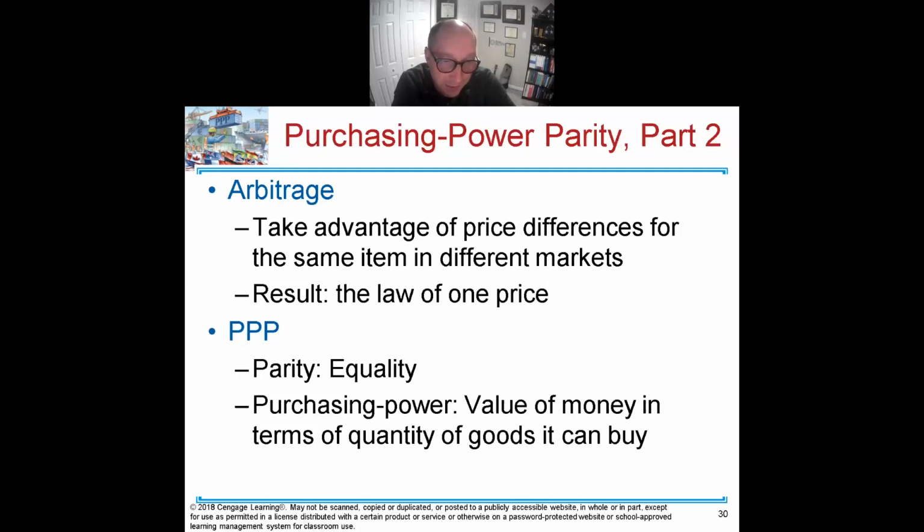The other thing to understand is this concept of purchasing power parity. When there's a parity, we're talking about equality. All things being equal, the parity is the difference in price. Okay? Purchasing power is how far the dollar will take you in terms of the quantity it can buy.